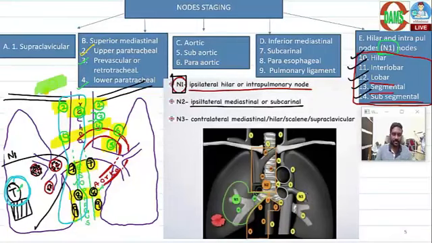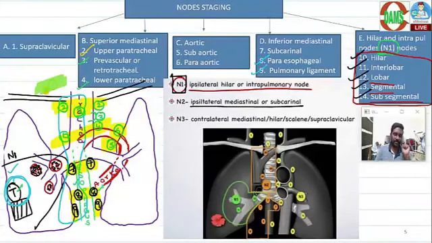it might be involving the same side paratracheal, prevascular or retrotracheal, lower paratracheal, subaortic, para-aortic, subcarinal, paraesophageal, pulmonary ligament nodes. So this is on the right side, and the right side nodes are involved within the mediastinum and also the subcarinal area, paraesophageal, pulmonary ligament.